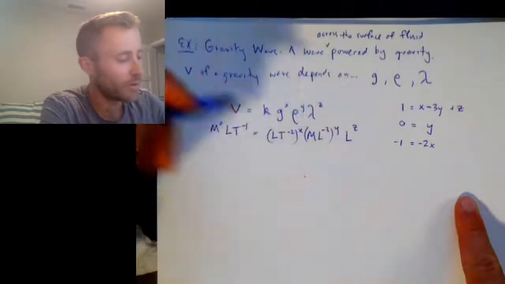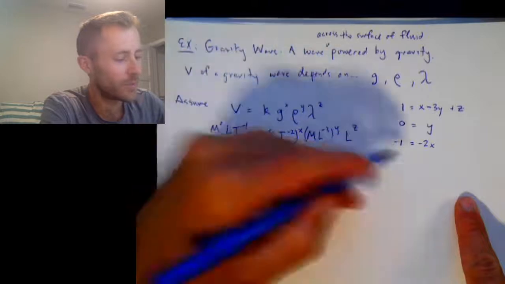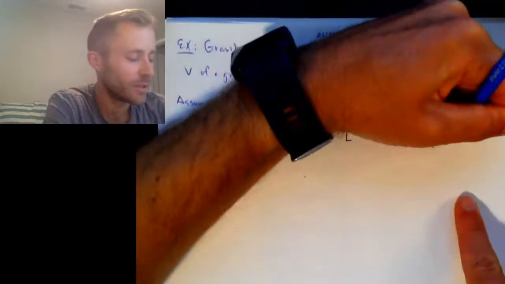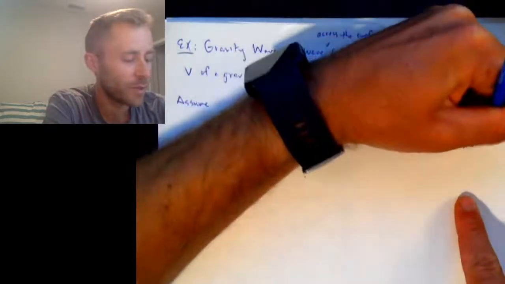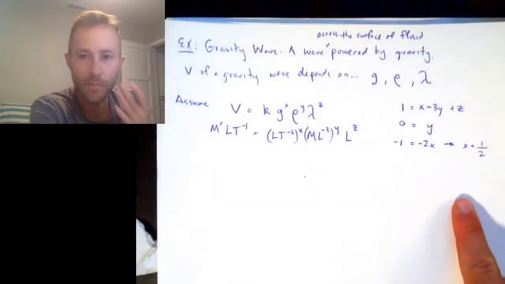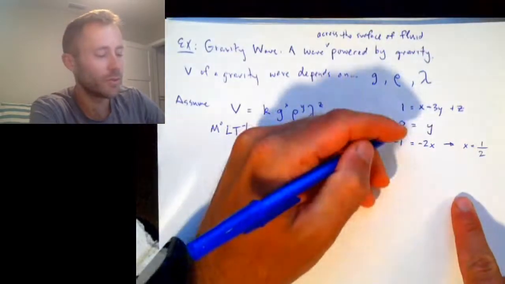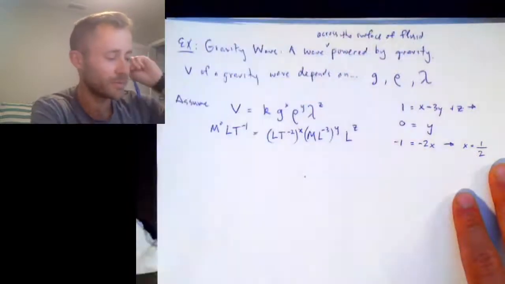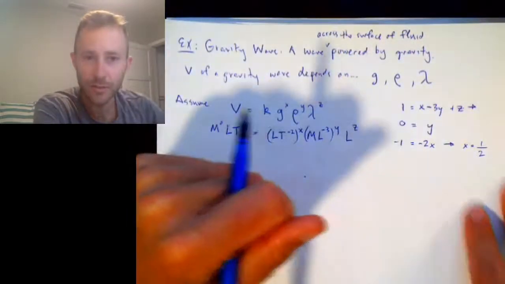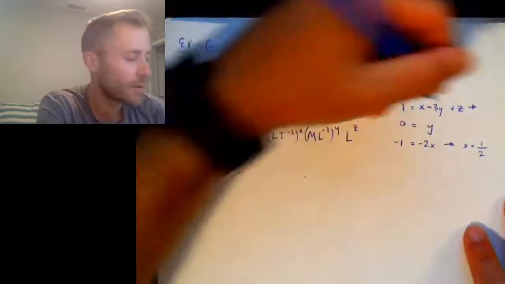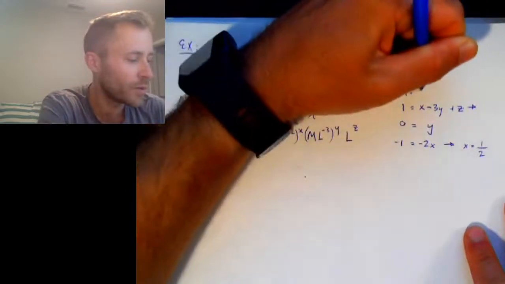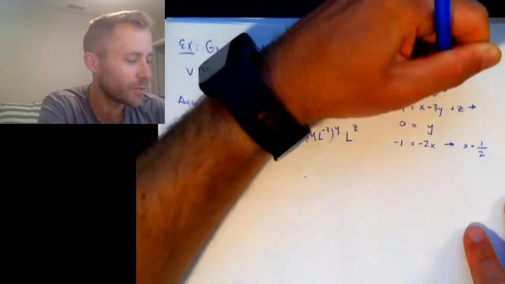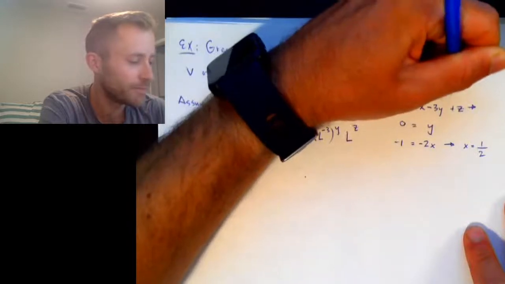So this bottom equation says that x equals 1/2. This, of course, says y equals 0. And then this equation says we have 1 equals 1/2 minus 0 plus z.